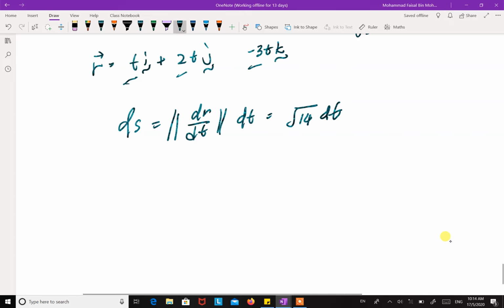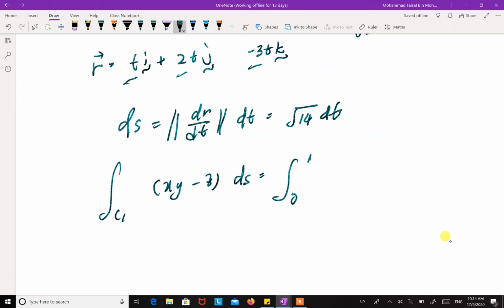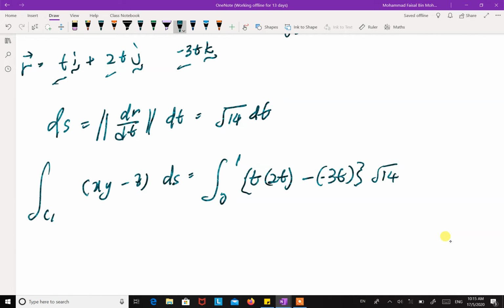So the line integral as given in the question will be the integral from 0 to 1, where x is t, y is 2t, minus z, which is negative 3t, times square root 14 dt.